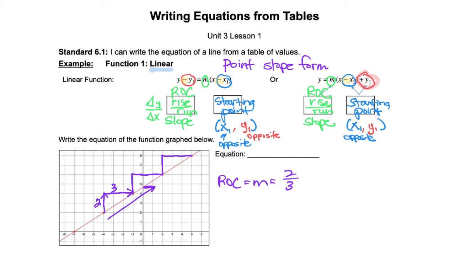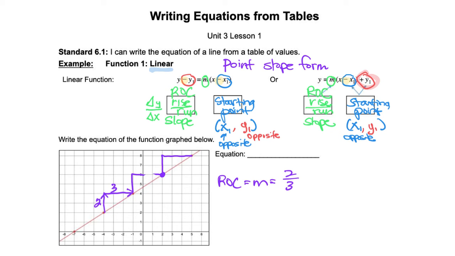Now, for choosing a point, I can choose any point on this graph. I often like to choose positive points just because I think that that's easier, but it doesn't really matter what points you choose. I want to highlight that I'm not choosing my y-intercept because I can't clearly see where my y-intercept is.